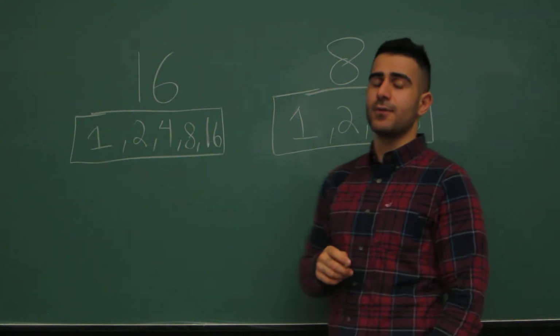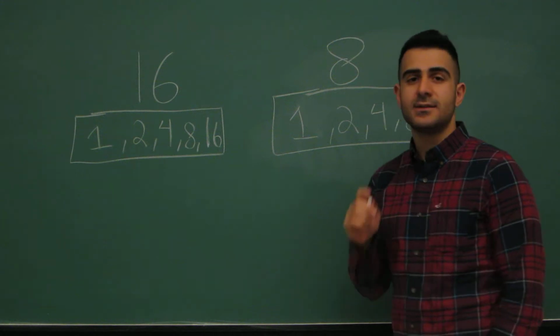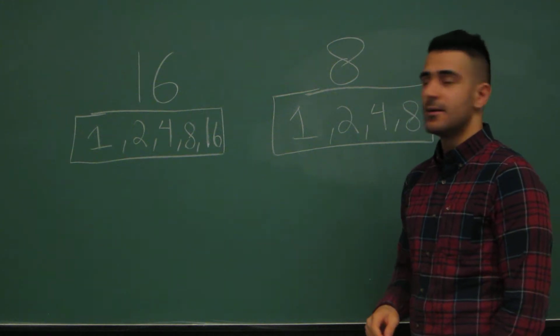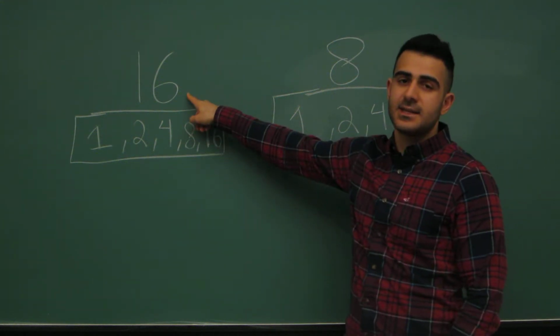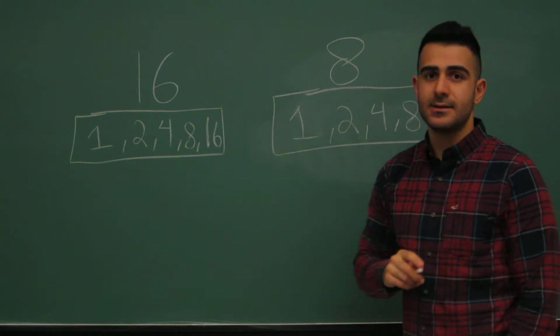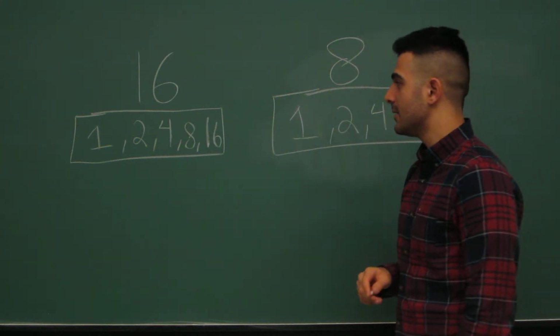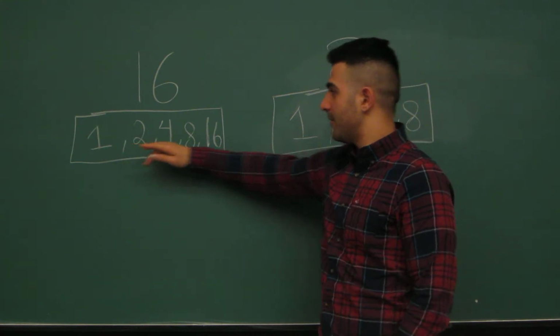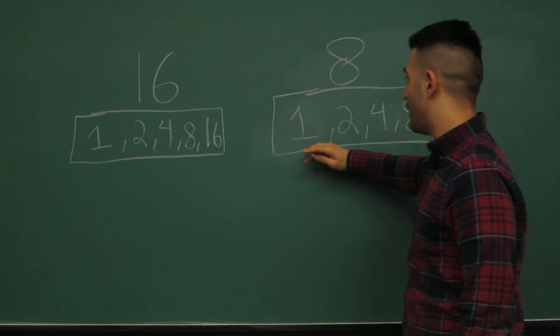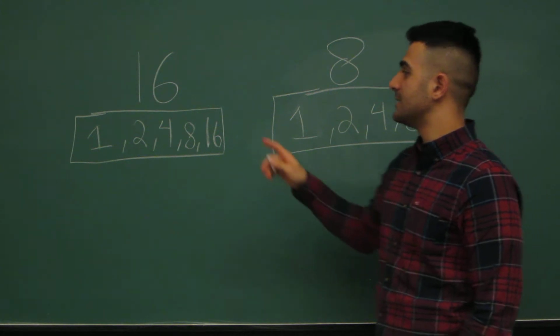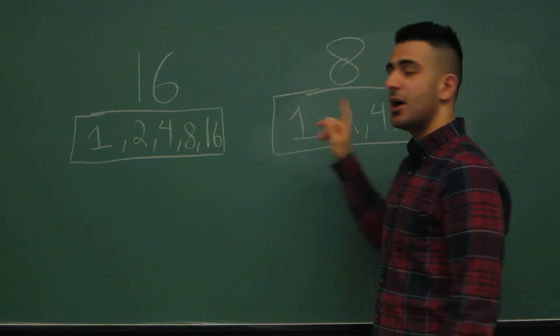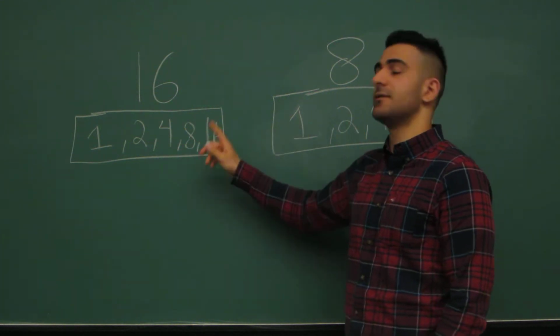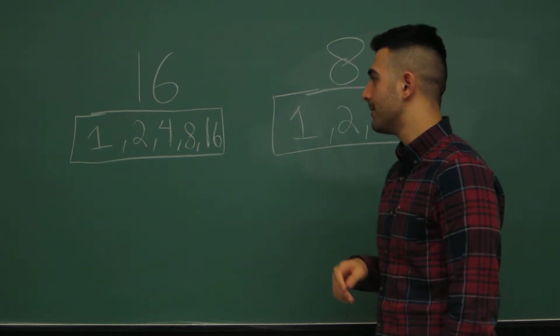Now the question I have for you is, what is the largest factor that 16 and 8 have in common? I'm asking you to look at all the factors of 16 and all the factors of 8 and to see which one is in common in both and the largest in common.